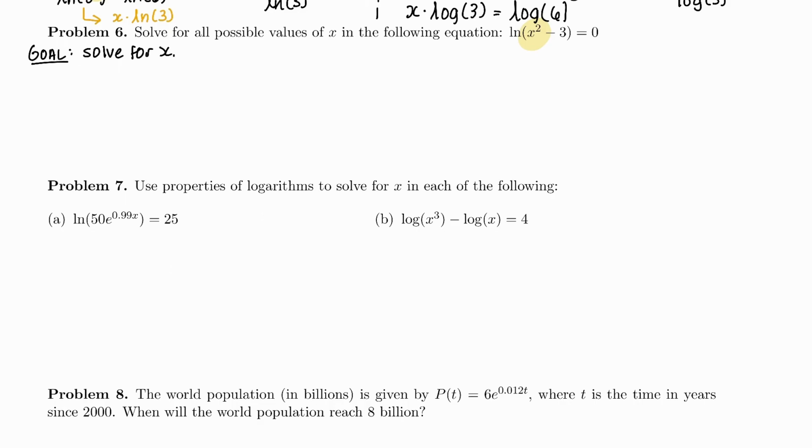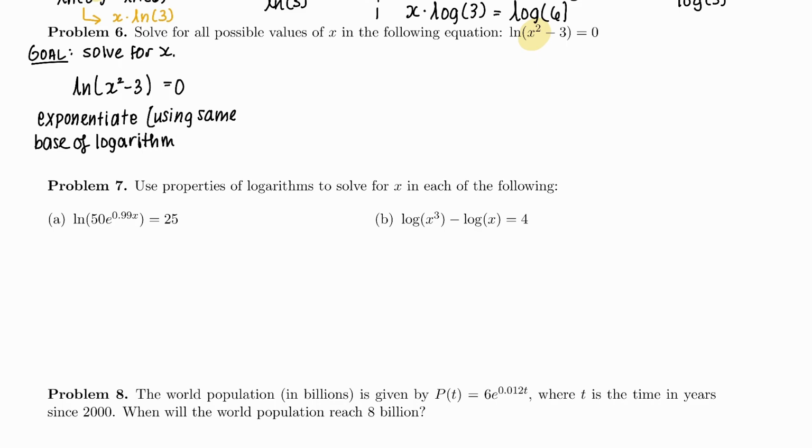So what I'm going to do is take my equation, the natural log of x squared minus 3 is equal to 0, and I'm going to exponentiate, using the same base as the logarithm, which is, in this case, e.